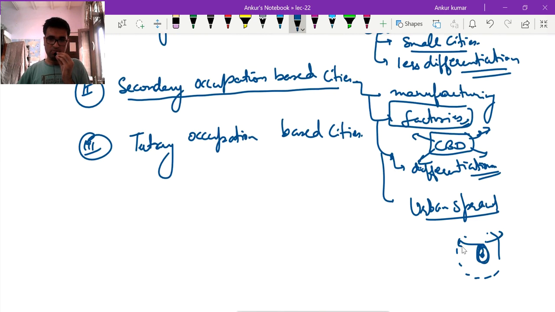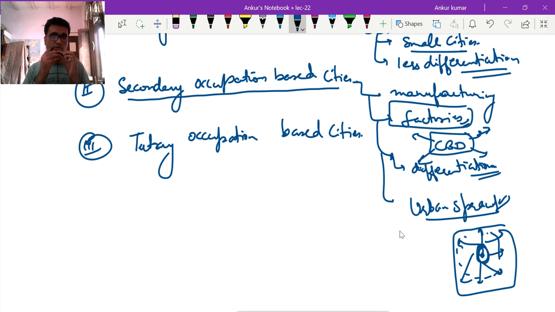So cities started expanding into the rural area in a haphazard, unplanned manner, creating additional problems that we will study in urban sprawl separately. Delhi, for example, is witnessing horizontal urban sprawl. However, Mumbai is witnessing vertical urban sprawl, and there are different regions for both vertical as well as horizontal sprawl in both cities.